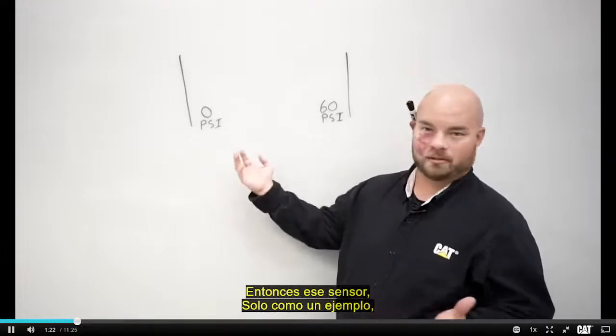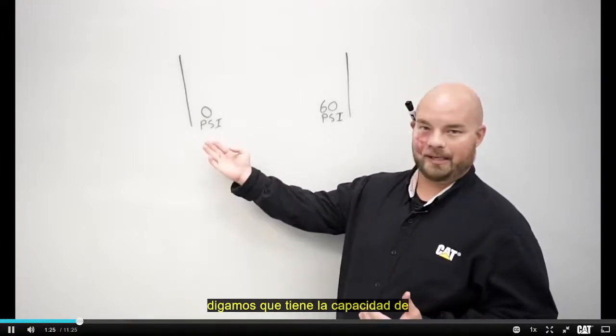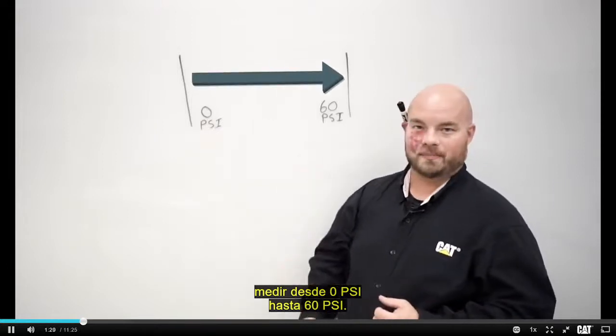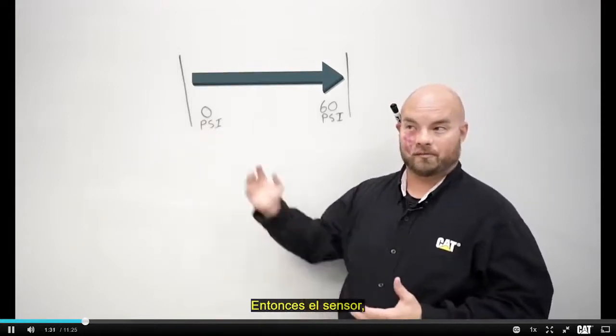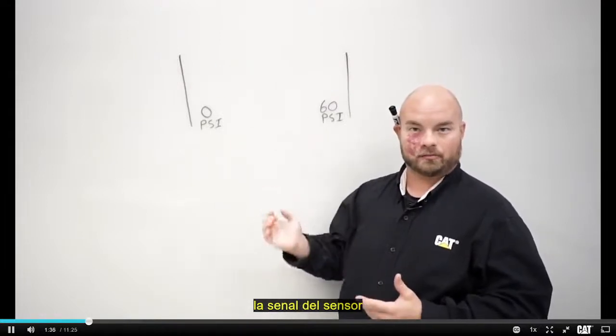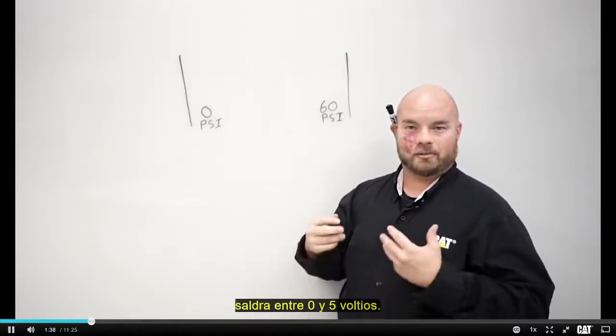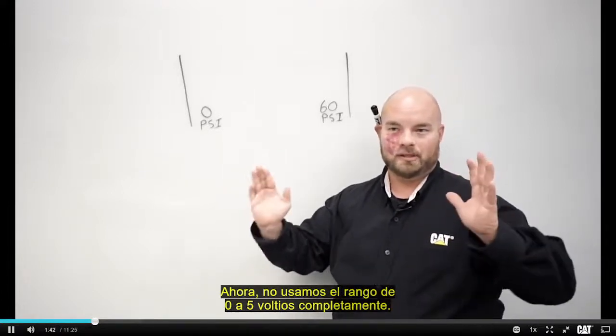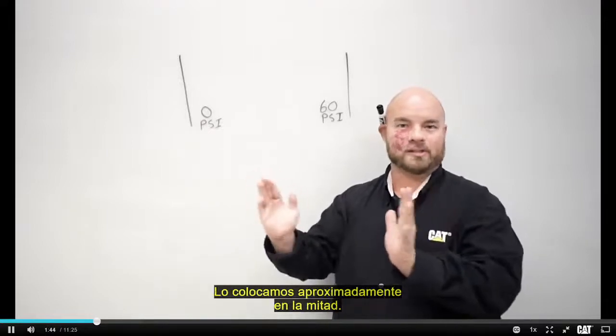Just as an example, let's say the sensor has the ability to measure 0 PSI all the way up to 60 PSI. As it's detecting somewhere in this range, the signal from that sensor is going to output somewhere between 0 and 5 volts. Now, we don't use the full 0 to 5 volts, we put it somewhere in the middle.